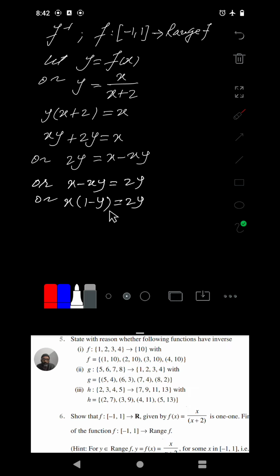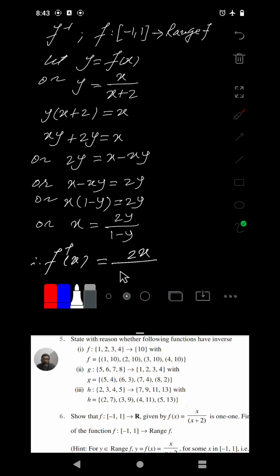Transposing 1-y to the right hand side, we get x = 2y/(1-y). Now in this step, we replace x by f inverse(x) and y by x. We get f inverse(x) = 2x/(1-x), where x is not equal to 1. So this is the required inverse of the given function.